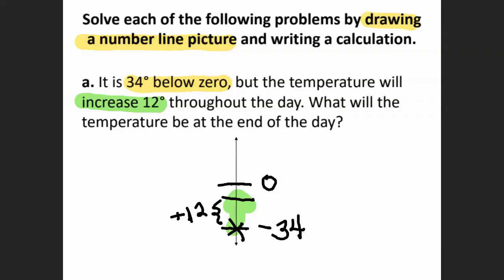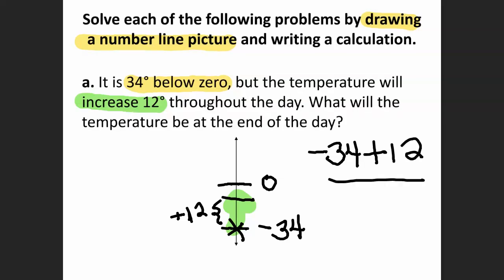Well, they are giving you a negative 34 plus 12. This is how they want you to write the calculations. We're starting at negative 34. And because they're using a picture, we haven't really talked about adding and subtracting integers, but it's implied here. And as you know, this will give me a negative 22 degrees.